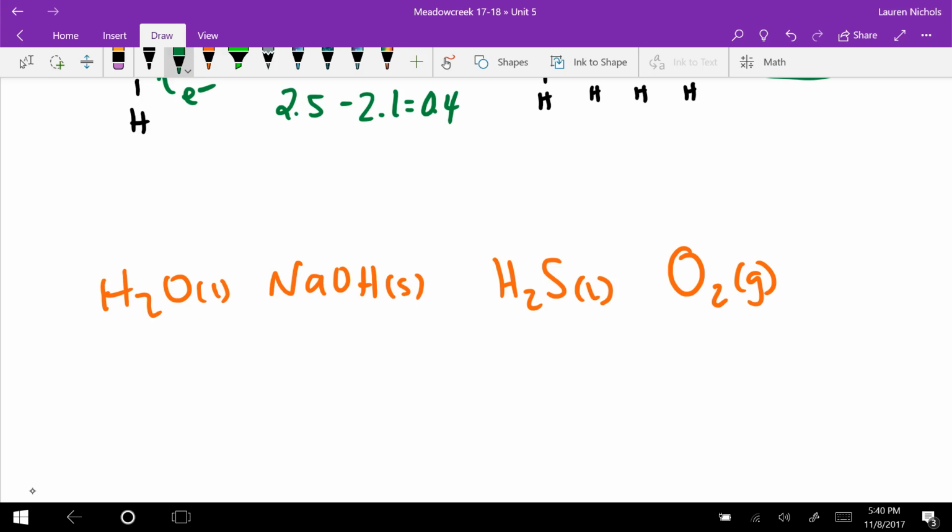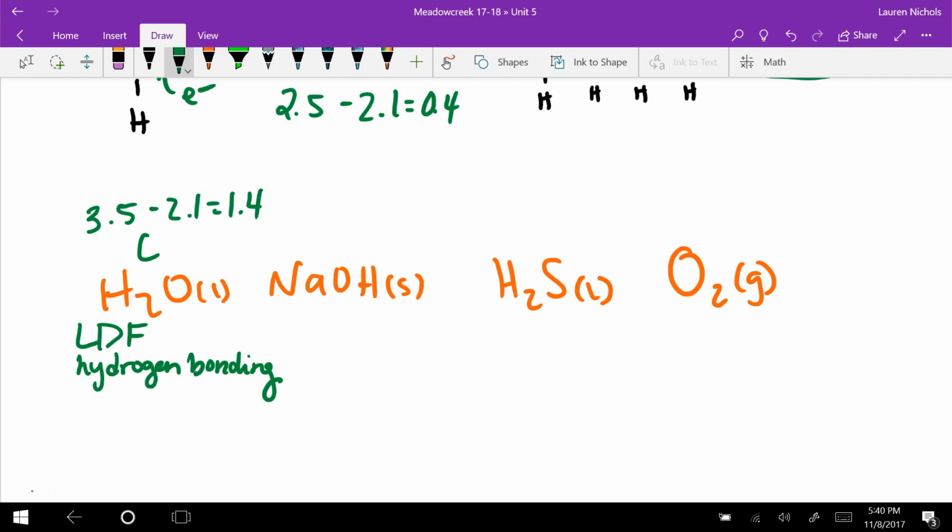Well, for H2O, we would say we're going to have London dispersion forces, because it's going to be covalent. We have all nonmetals, and we have hydrogen and oxygen both. So that means we're going to have hydrogen bonding, and we know it's polar because oxygen is 3.5 minus 2.1 gives us 1.4.